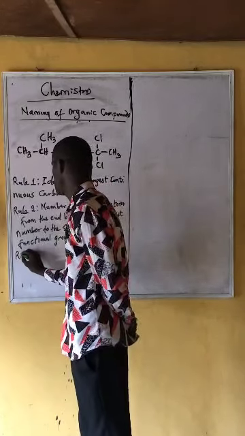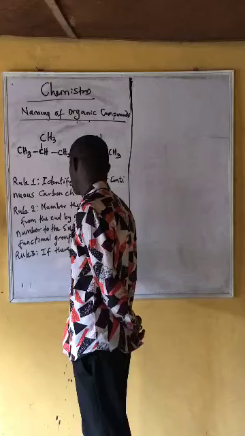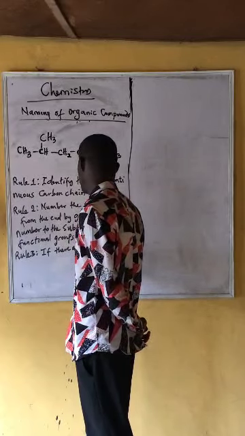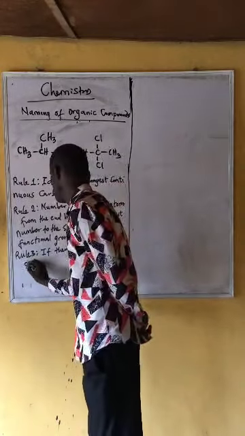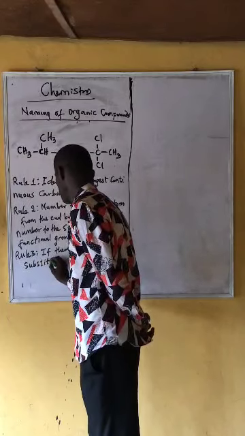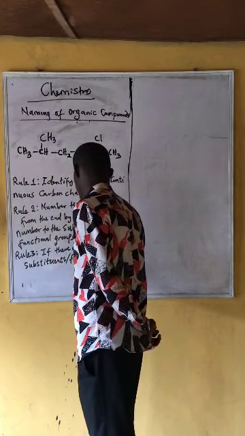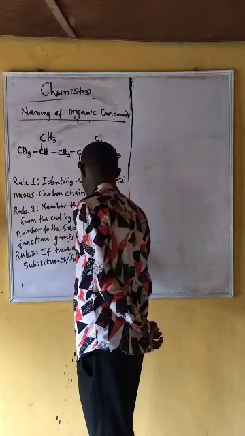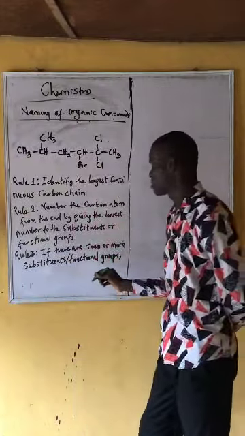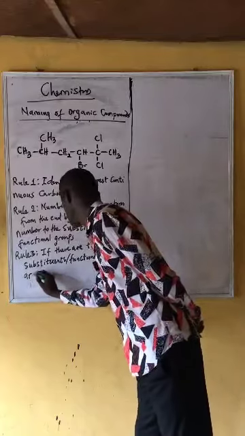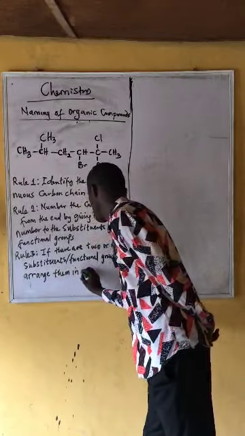Then the rule number three, if there are two or more substituents or functional groups, then name them in alphabetical order.